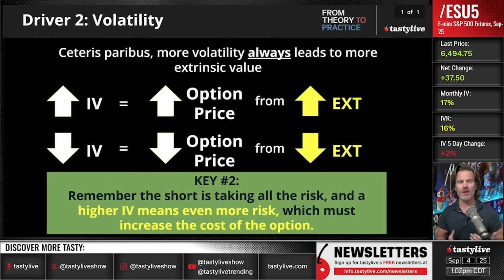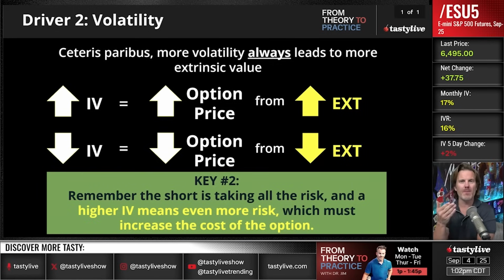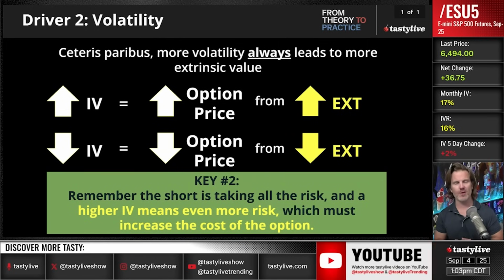With implied volatility, when you have implied volatility on the rise, we are high volatility premium sellers. We are high probability traders. This is going to be of utmost importance to you on order entry. The simple fact that implied volatility does lift extrinsic value is going to be helpful for you to understand on order entry as you're screening the Tasty Default watch list, Tom's watch list, or doing whatever to find your next trade.